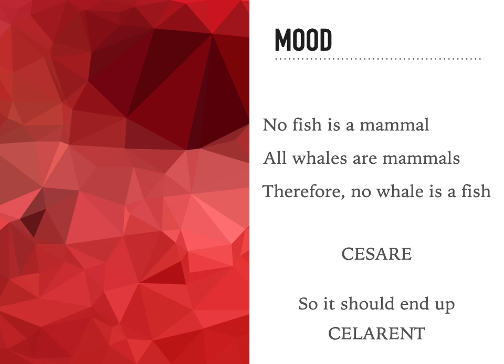So let's see how we should do this. It's Cesare, which tells me I should be paying attention to that S. S tells me this is a simple conversion. I just need to switch the terms. So instead of no fish is a mammal, I should have no mammal is a fish.